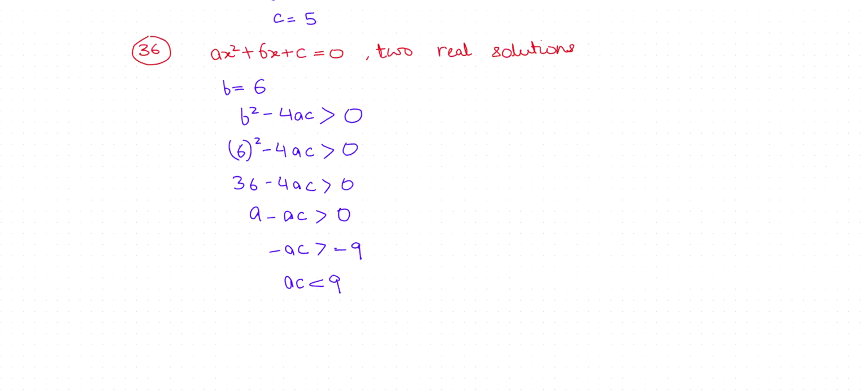So it was 9 minus ac is greater than 0, and negative ac is greater than negative 9. When we multiply by negative, the sign reverses. So ac should be less than 9.